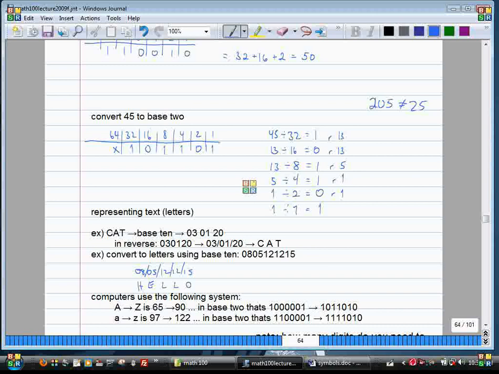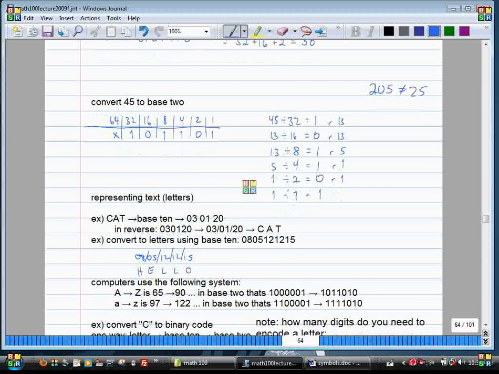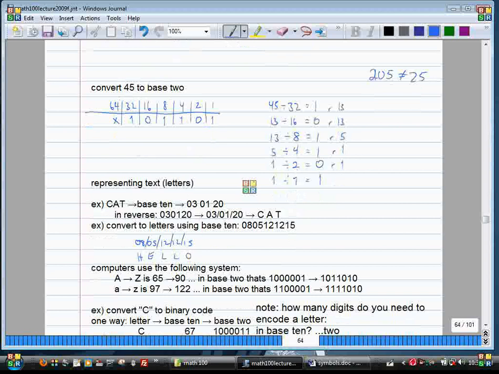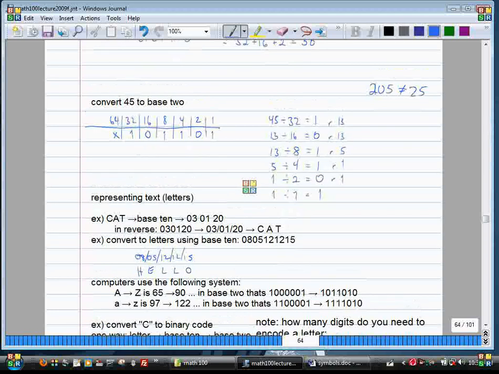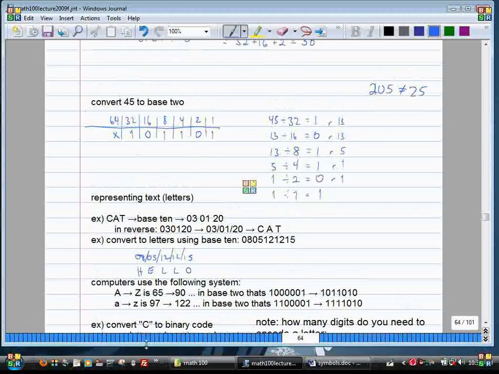So, let's convert capital C to binary code. There are 2 ways to do this. Let's do one way using this system.